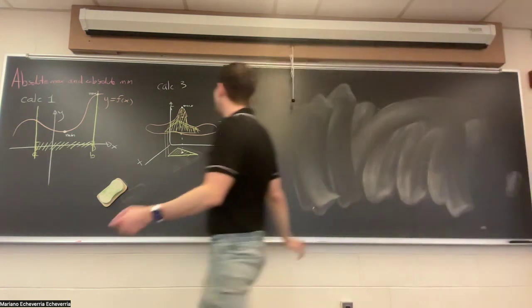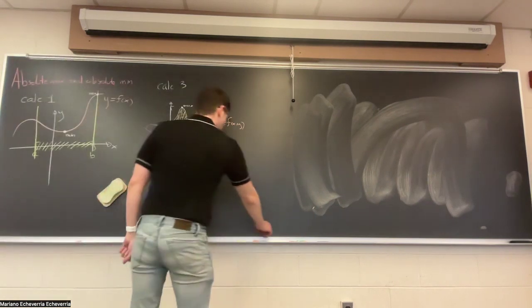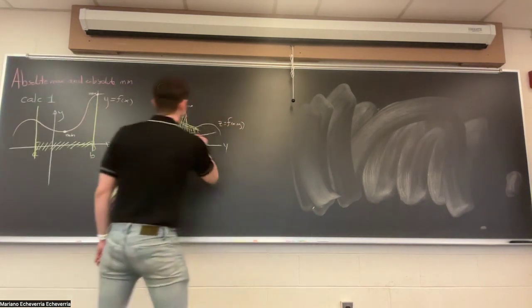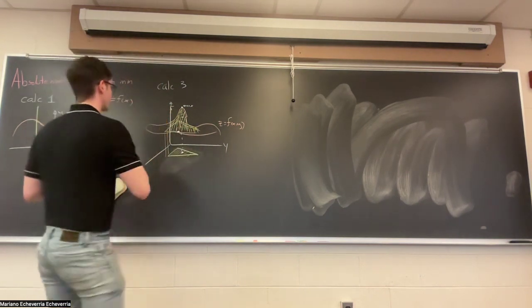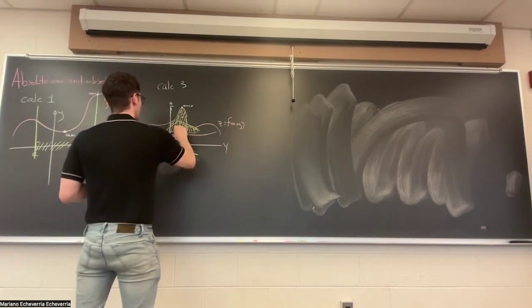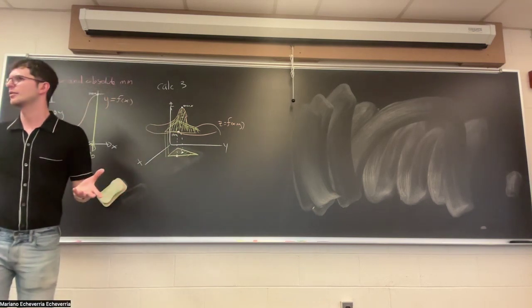And so now it is possible for a minimum to occur somewhere in here. For example, maybe the lowest point will be here, right? Let's say that's presumably the minimum. If you look at where the minimum happens, it can now take place along one of the edges of the triangle, if that makes sense.